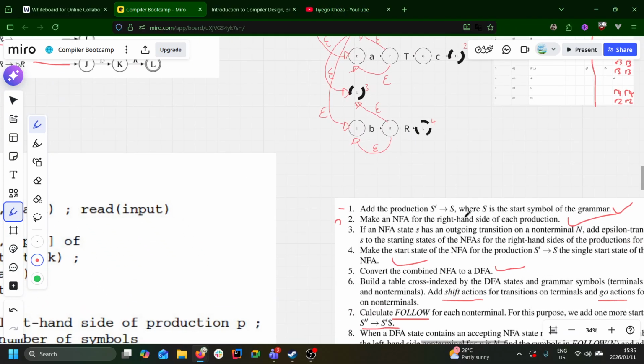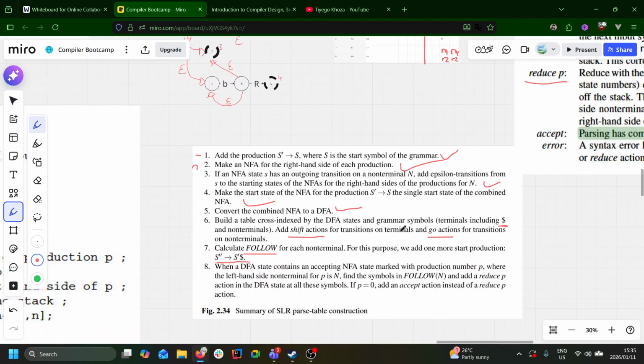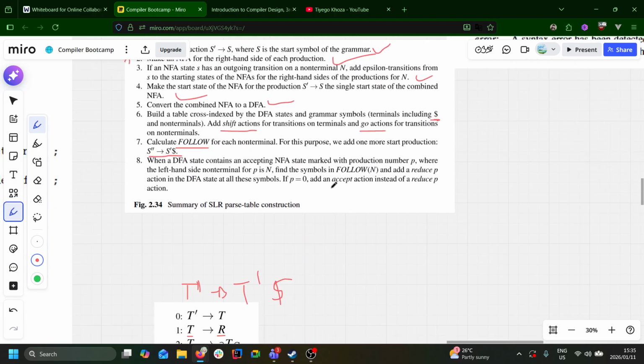Because if we reduce, we eventually reach the top. It's telling us to add an accept action instead of reduce p action if p equals 0. The reason it says p equals 0 is because that's the start, but any rule could be the start.